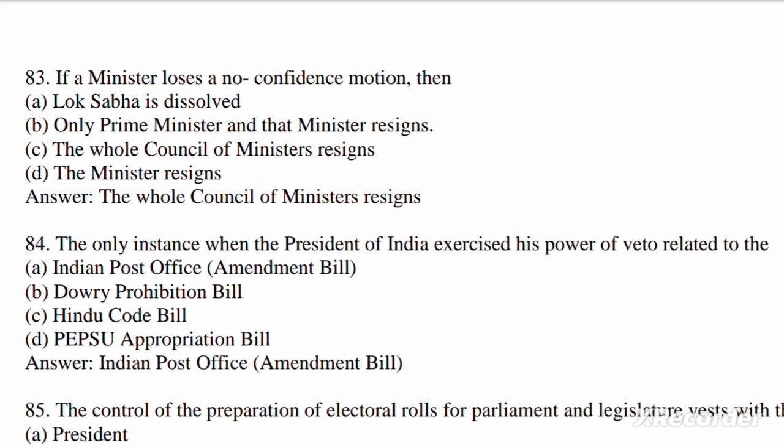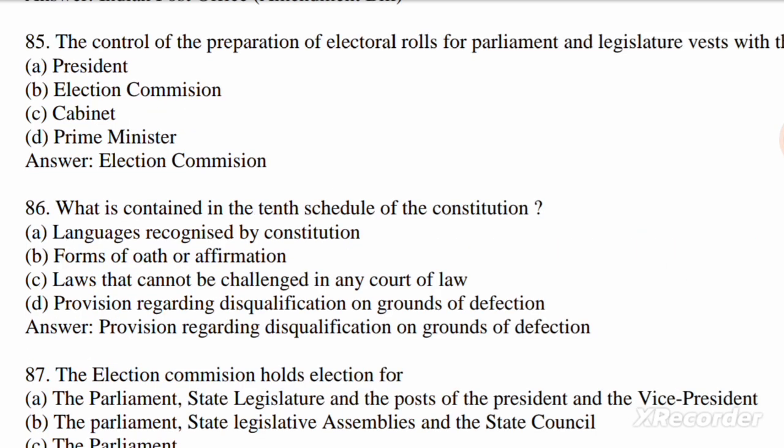The only instance when the President of India exercised his power of veto related to the Indian Post Office Amendment Bill. 85. The control of the preparation of electoral rolls for Parliament and Legislature vests with the Election Commission.